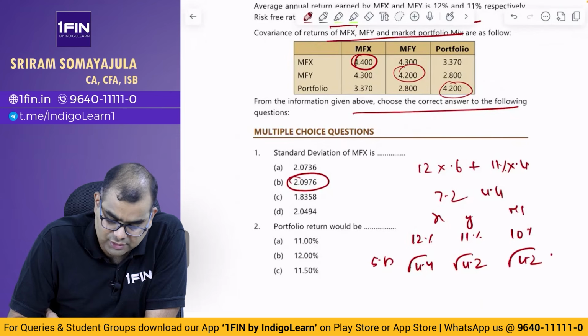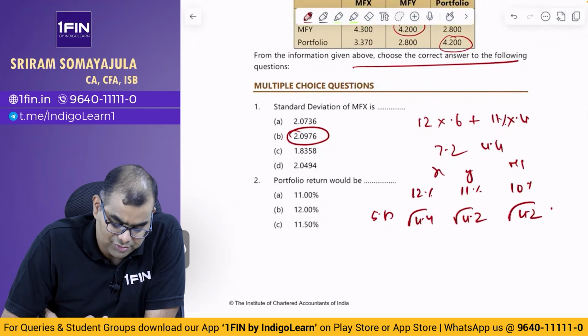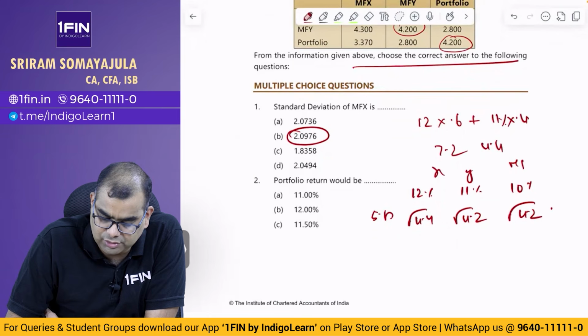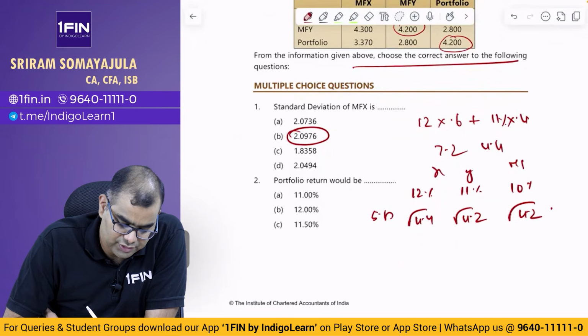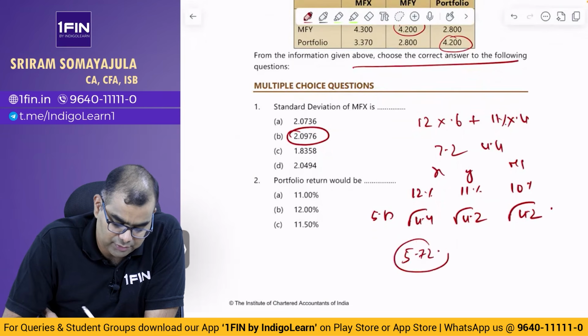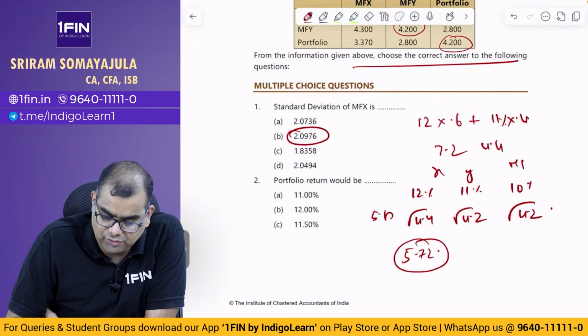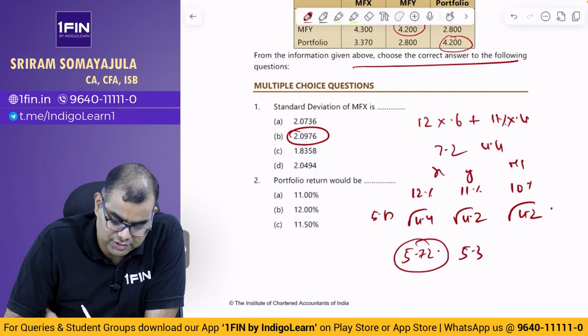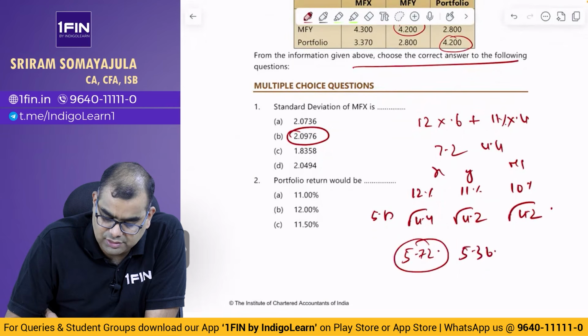So which one is better? 12 divided by under root 4.4 gives you 5.72 return per unit of risk. 11 by under root 4.2 gives 5.36. 10 by under root 4.2 gives 4.87.